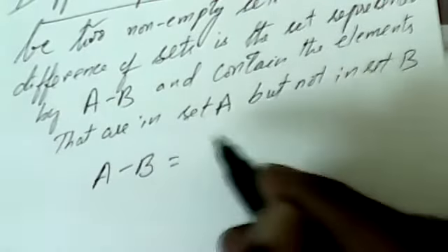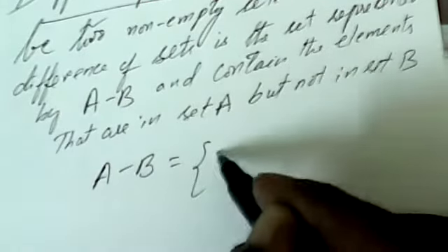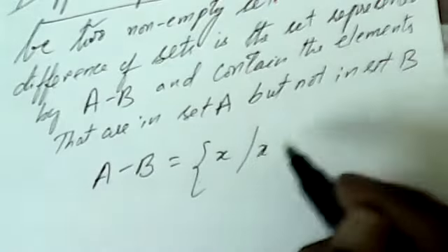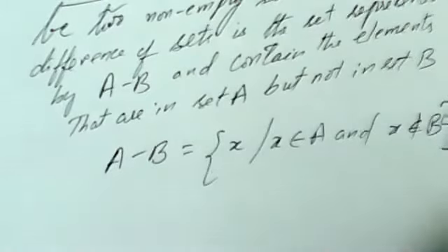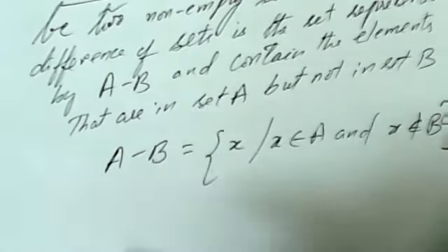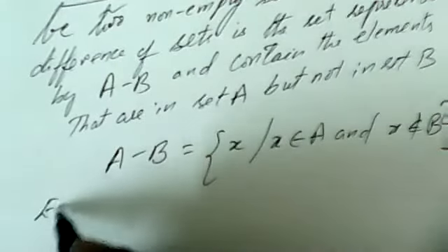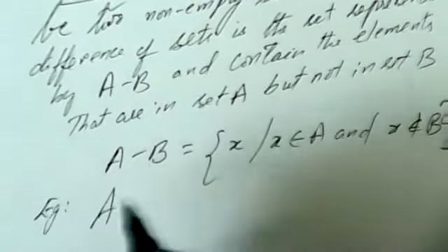A minus B is equal to the set of elements x such that x belongs to A and x does not belong to B. This is it. That means, by taking an example, you can see this in fact.